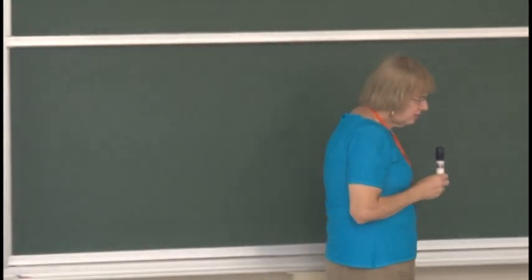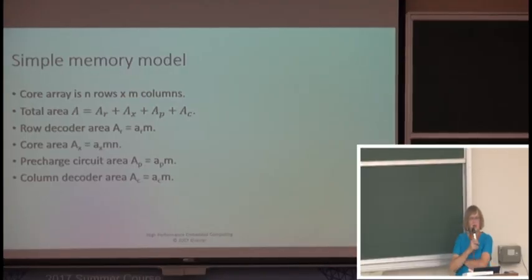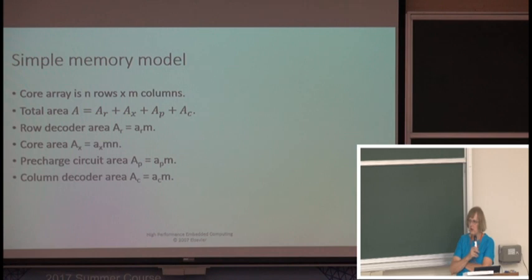Right? This also tells us that there is overhead. So if we have very small memories, most of the area is going to go into the overhead. This is why people normally like really big memories, because the size of the row and column circuitry is small relative to the size of the core.